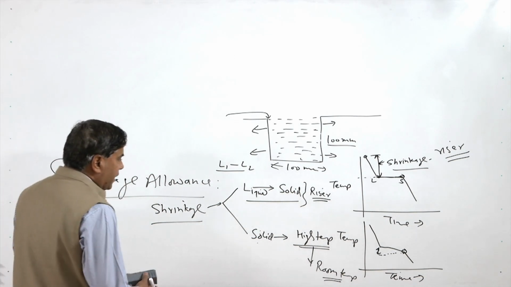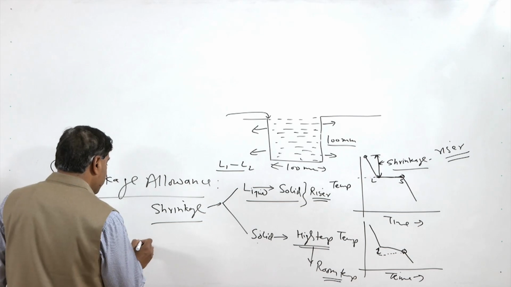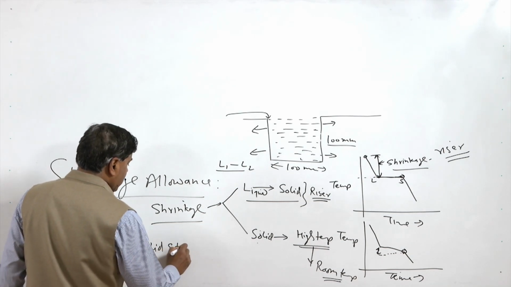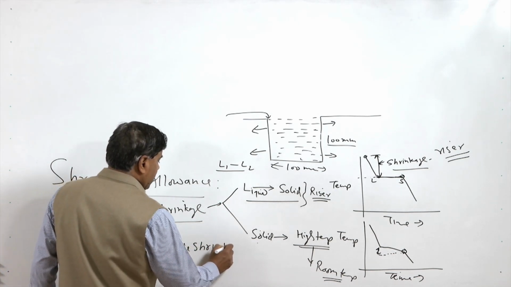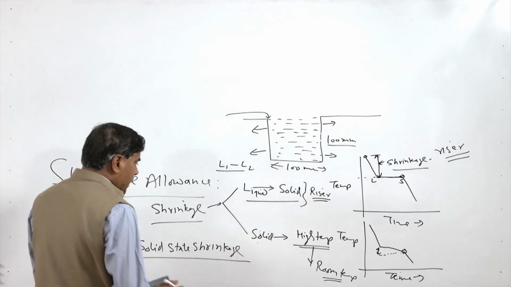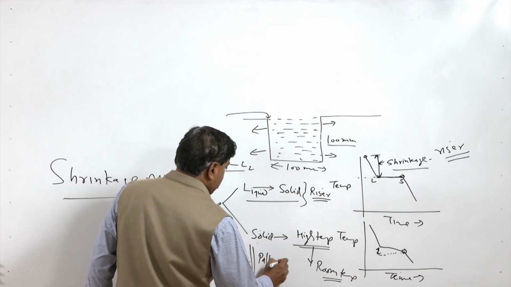This third type of shrinkage, which occurs in the solid state, is solid state shrinkage. This needs to be taken care of by the pattern allowance.